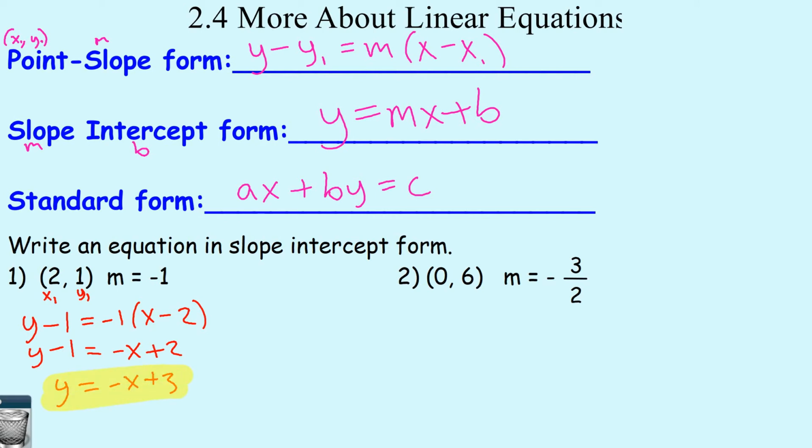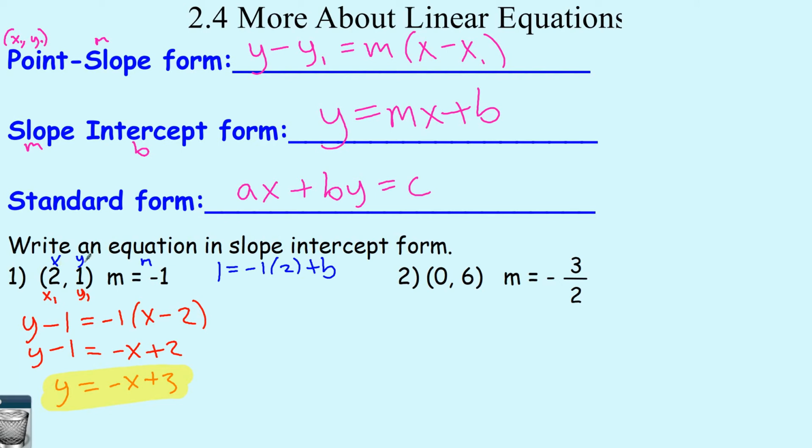Now that's not the only way to do it. Okay, I had a student who straight up refused to use point slope form. Okay, she only liked using slope intercept form. So she represented this as her x and her y and her m. So she would have 1 equals negative 1 times 2 plus b.